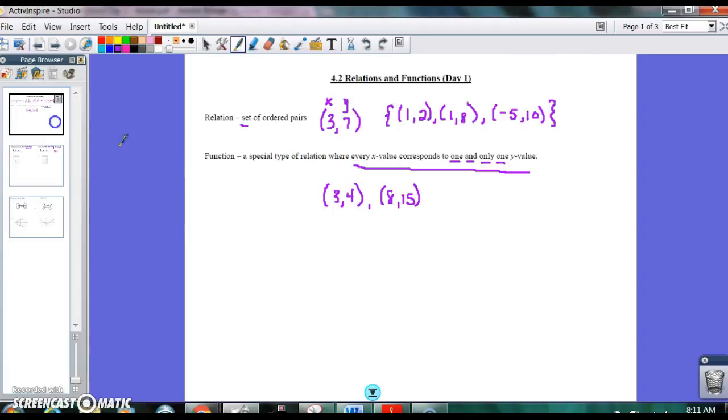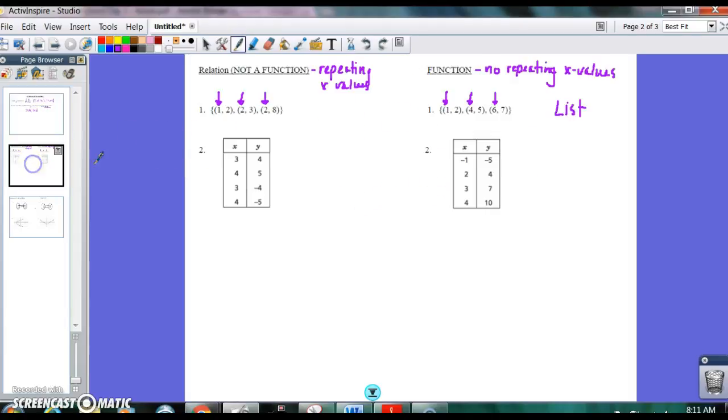Because of the definition, every x value corresponds to one and only one y value. That's what makes it a function. So here, 2 corresponds to 3, but 2 also corresponds to 8. It's corresponding to more than one y value, so that cannot be a function.